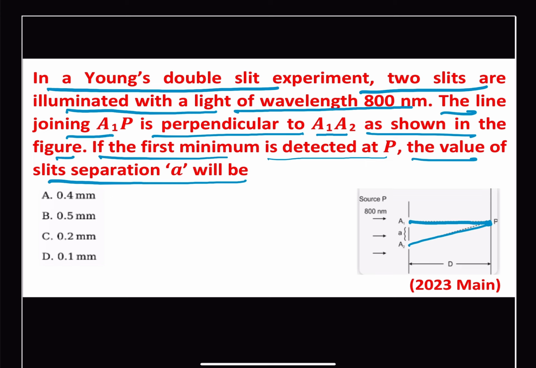And we know that the condition for minima is A2P minus A1P should be equal to lambda by 2. We start from there.